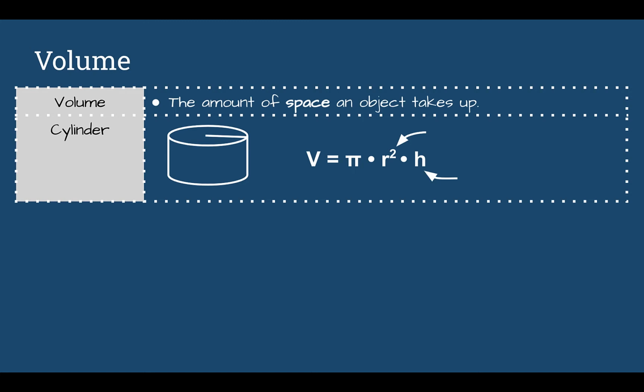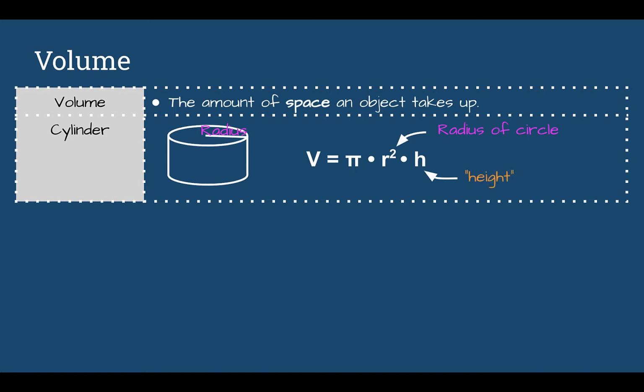First, we have a cylinder. Our cylinder only needs two things to figure out the volume. The radius r, so the radius of the circle, that is halfway across the circle. And it also needs the height.